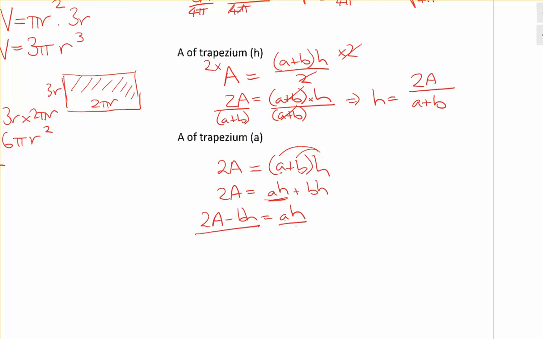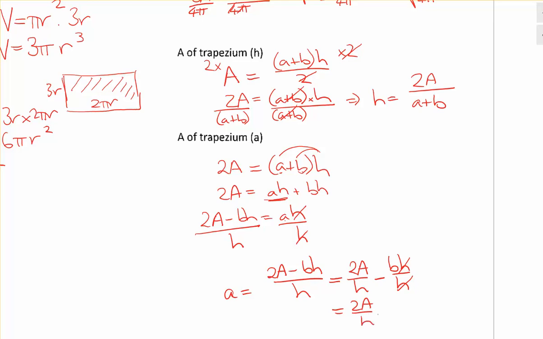We want a on its own, so we'll divide both sides by h. A equals, and we'll leave it like that. There's possibly other simplifying we could do. Oh, not over 2, I want it over h. You could split that up, of course, and have 2a over h. And then it would equal 2a over h minus b. So either of those would work.